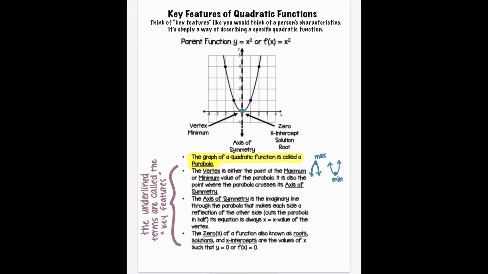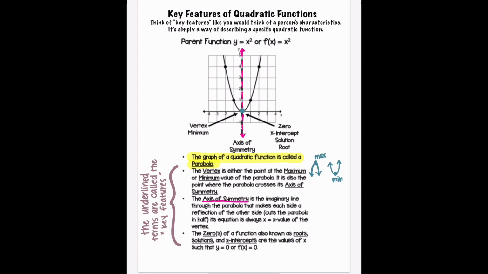Next, in relation to the vertex, you have the axis of symmetry. The axis of symmetry is a vertical line that goes right through the vertex. So the vertex is the point where the parabola is cut in half and mirrors itself on the opposite sides.